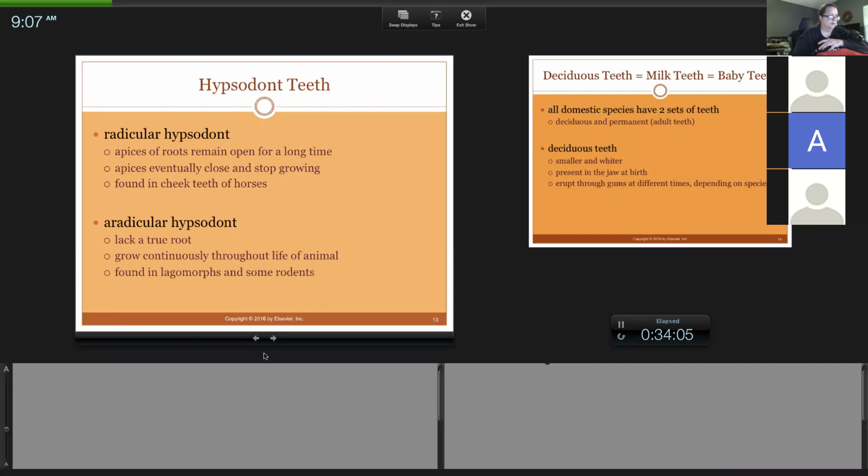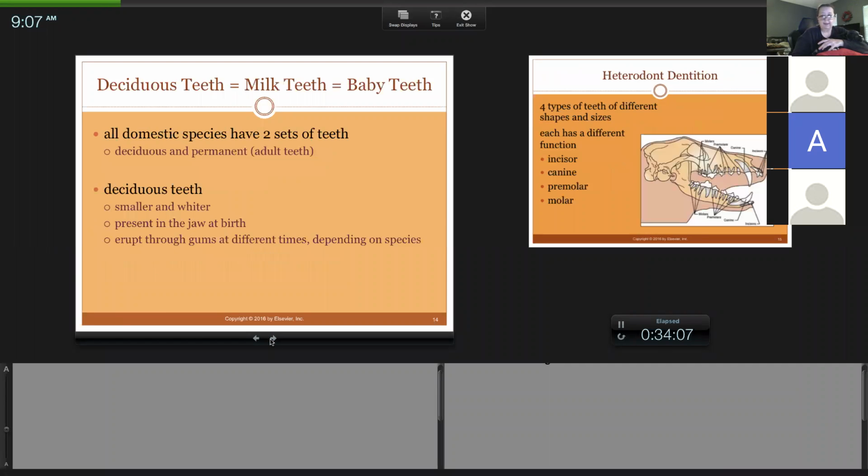So there is a difference there. But what I mainly want you to know is a hypsodont, the types of species and what that means, and then the brachiodont.